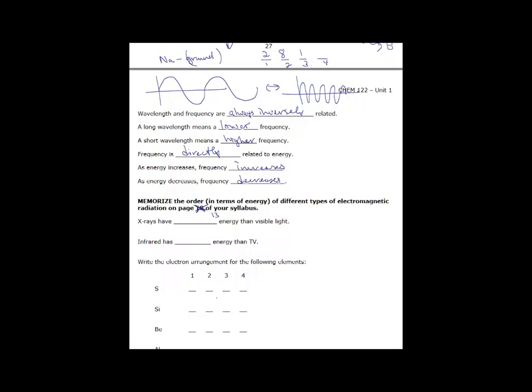Well, since they're to the left on the chart, it's more energy than visible light. Infrared has more energy than TV. So you need to memorize the relative energies of the electromagnetic spectrum. You don't need to memorize the numbers or how it's detected, none of that.